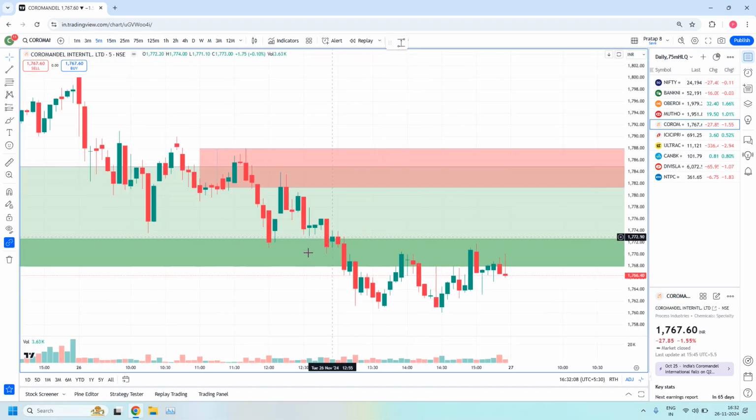In 5 minutes it is much clearer. See, prices came into the zone. Slightly you missed 1:3 RR. Price didn't reach. After that, prices moved sharply and reached the 15 minutes target.